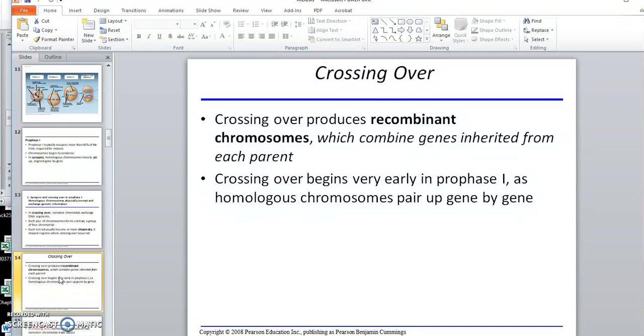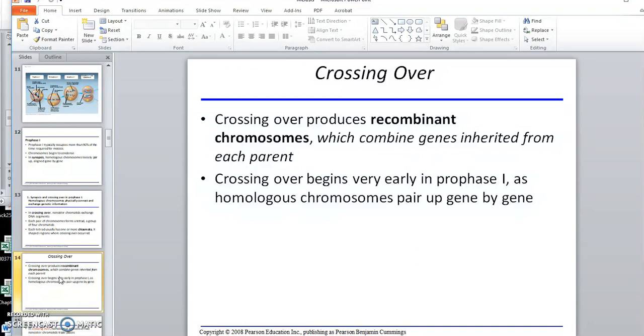In meiosis, if that didn't occur, you'd have to pick, do I want mom's 1, dad's 2, dad's 3, mom's 4, which meant any blueprints on chromosome 1, 2, or 3 would be lost forever. So you would have lost all your inheritance on any one chromosome because you'd have to pick either dad's or mom's.